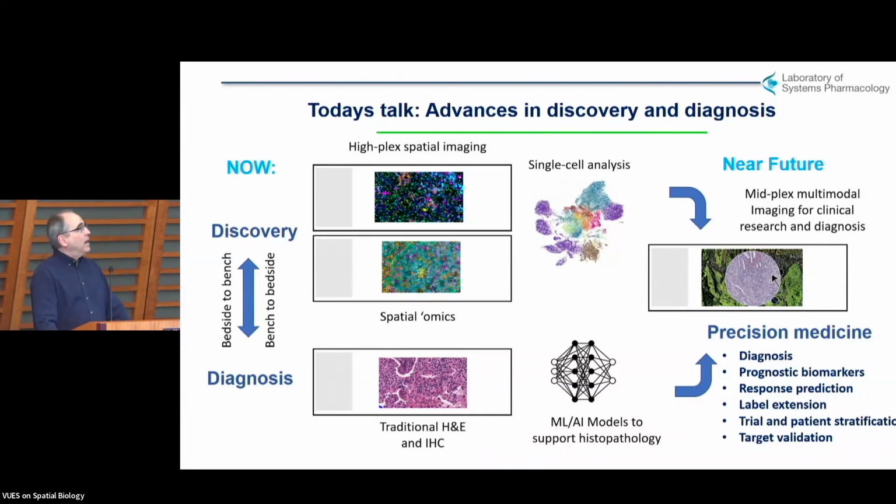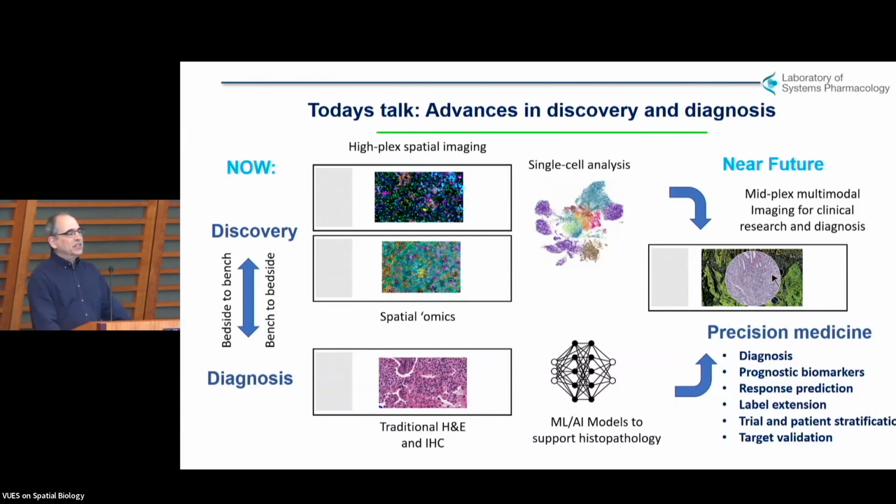Now, at the moment, we have two fields: the spatial omics field that we might be representative of, and this more traditional field. There's also quite a lot of interest in the use of machine learning algorithms directly at the pixel level on these H&E fields. But the two parts, the more clinically focused one and the research one represented here today, are actually surprisingly disconnected.